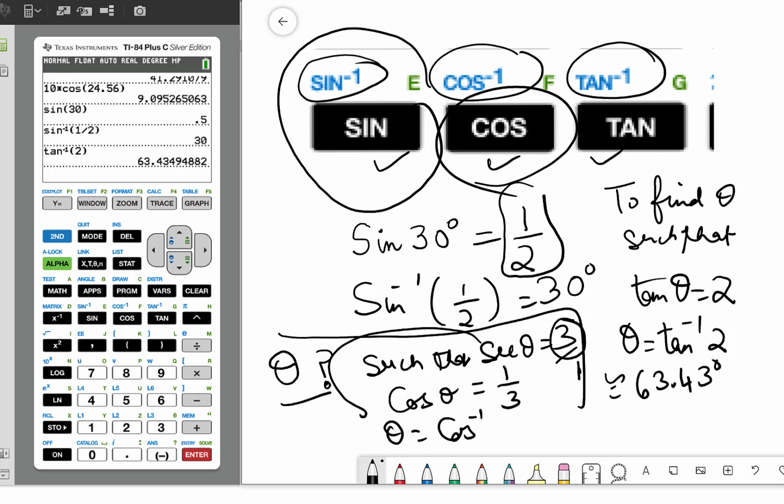Cosine inverse 1 over 3, and we are in degrees mode, so it will give us the answer in degrees. Okay, and there we are. This is about 70.53 degrees.